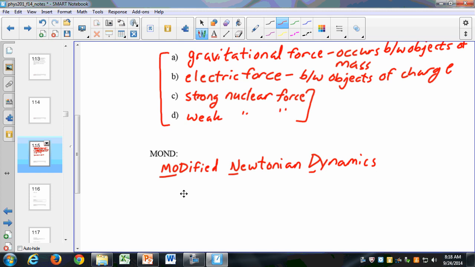But modified Newtonian dynamics says that when these forces occur over very large distances, there can be extra perturbations or extra terms that come into describing the motion of those bodies that you wouldn't see otherwise. Very large scales, like on the scale of galaxies, or across the universe.